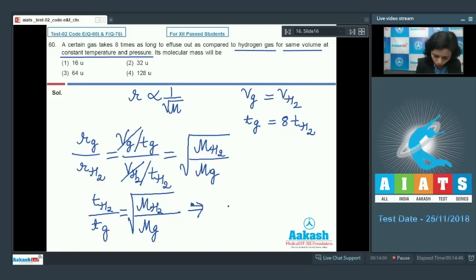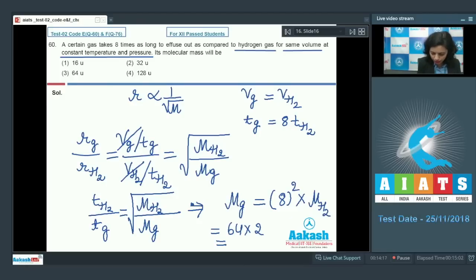If we place the value, this Mg comes out to be 8 square into the molar mass of hydrogen. What's the molar mass of hydrogen? That is 2. So simply it would be 64 into 2, that is 128 gram per mole. And if it is so, the molecular mass is 128 U, and the correct answer is option 4. After this, it's a turn for question number 61.